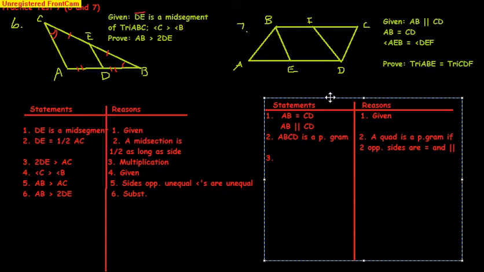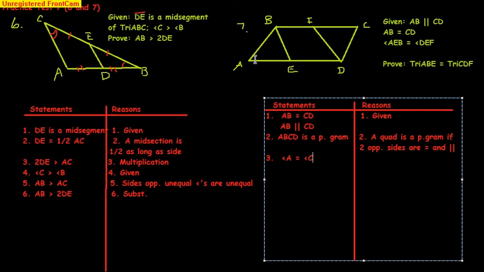Okay, next step is we can say that angle A is equal to angle C. Now, you have to look and see what we're trying to prove. We're trying to prove that this triangle is congruent to this triangle. So we need to start getting some of their parts equal. I'm going to mark those in a minute.